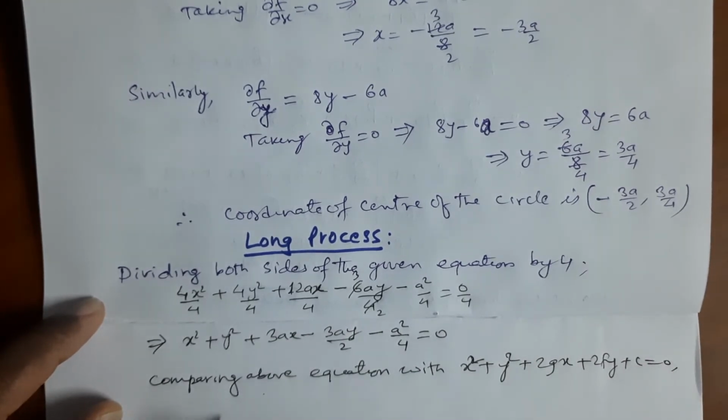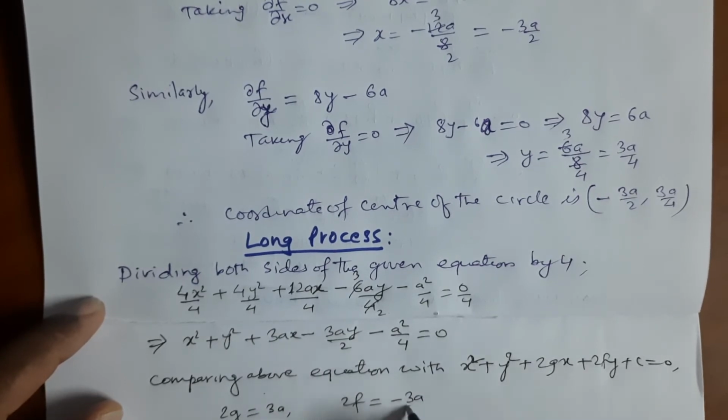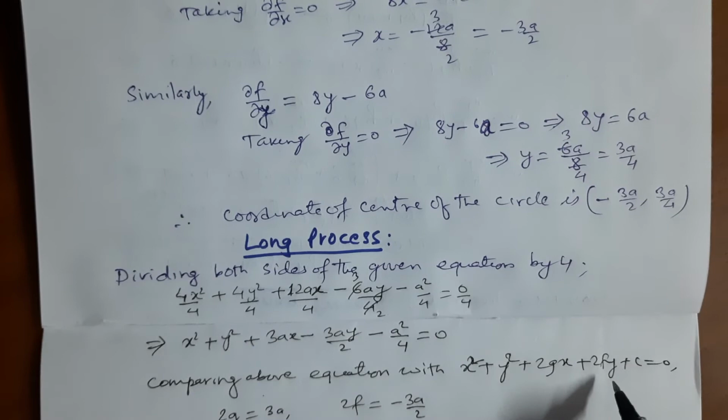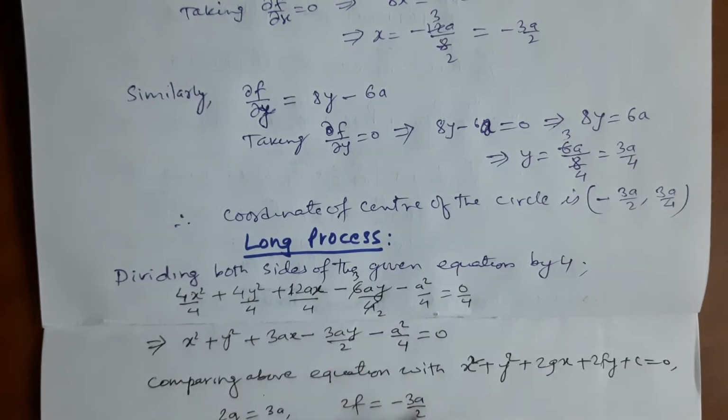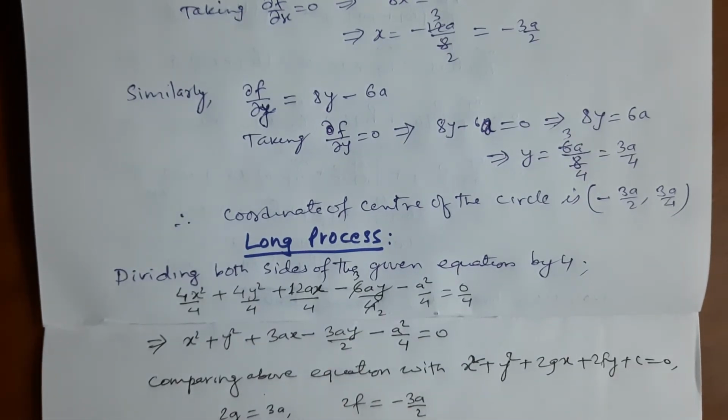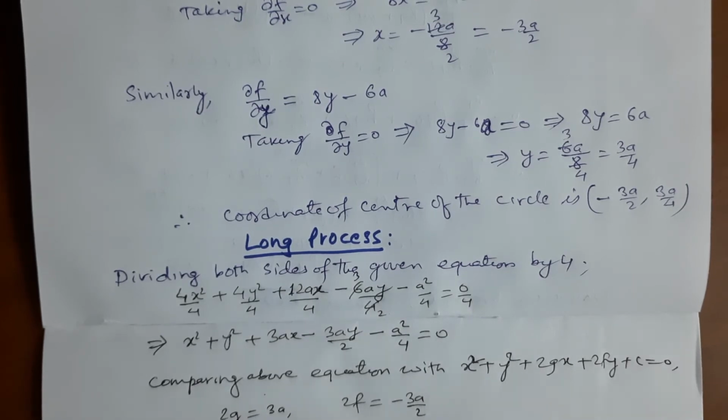So if you compare, then 2g equals to 3a, and 2f equals to minus 3a over 2. Here the coefficient of y is 2f and here it is minus 3a over 2, and this implies g equals to 3a over 2, f equals to minus 3a over 4.